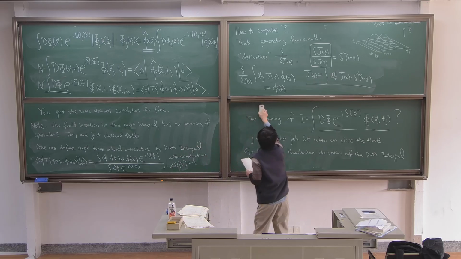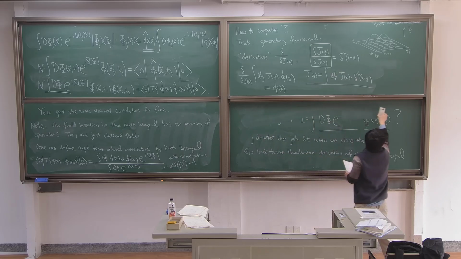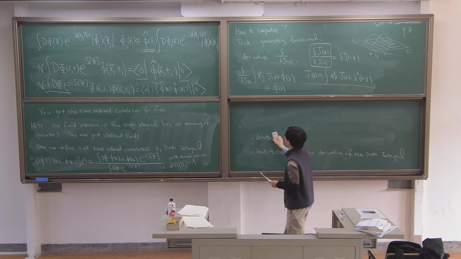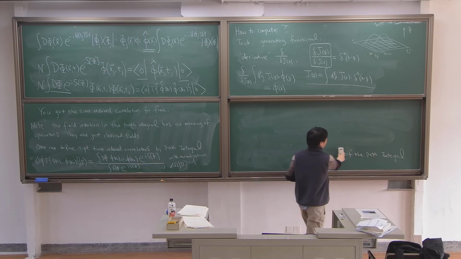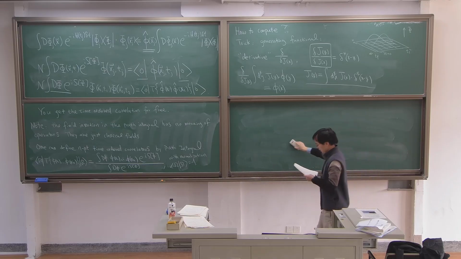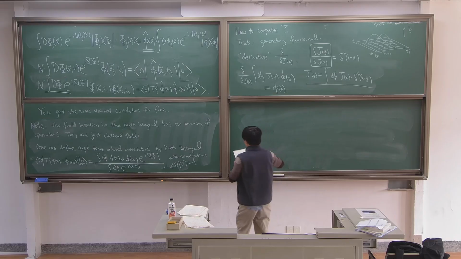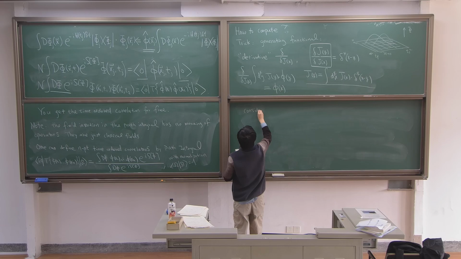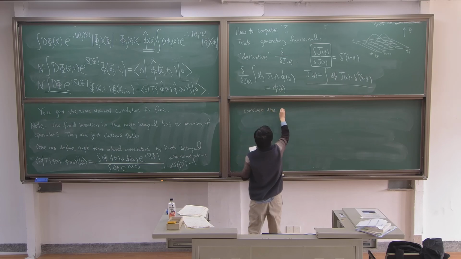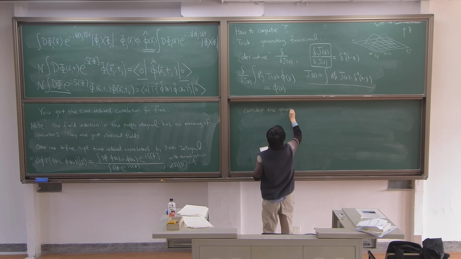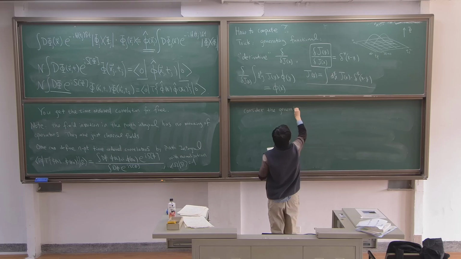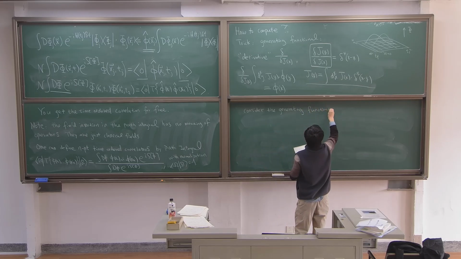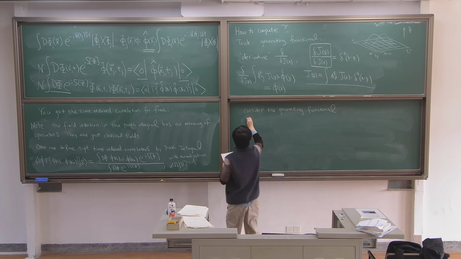For example, one can consider something called the generating function, which is the deformed action. So how to consider the generating function? It goes like this.